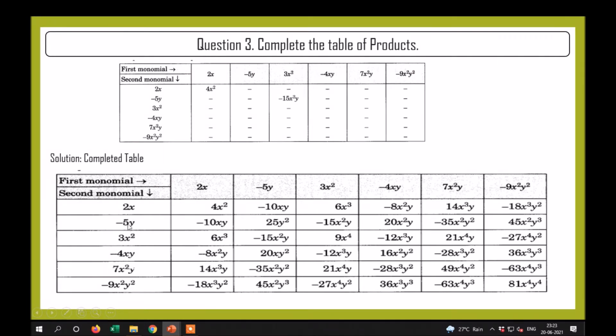Same way 2x into minus 5y, so it is minus 10xy. 2x into 3x square is 6x cube. 2x into minus 4xy is minus 8x square y. 2x into 7x square y is 14x cube y. 2x into minus 9x square y square is minus 18x cube y square. This way we have done all the products.